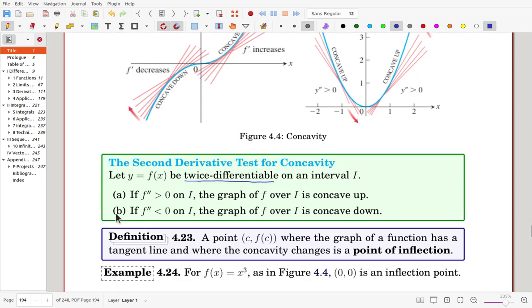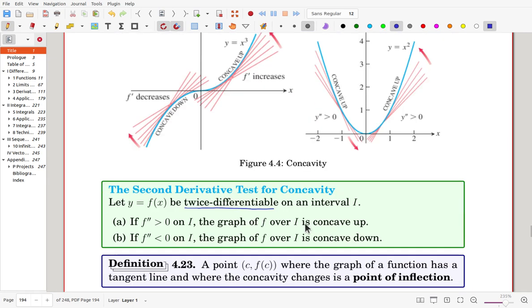So here we have the second derivative test for concavity. If f double prime is positive, then the graph of f is concave up, and if f double prime is negative, then the graph of f is concave down. From the definition we can see it quite easily, and by using the second derivative, we can test the concavity.